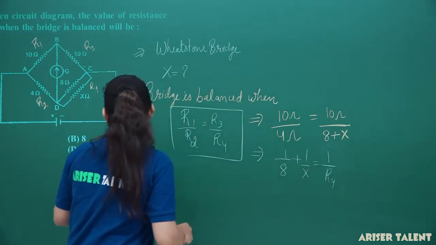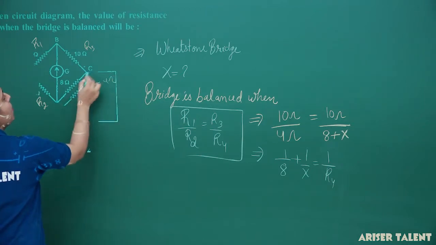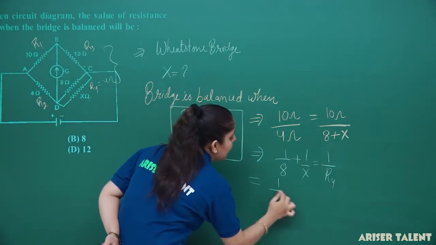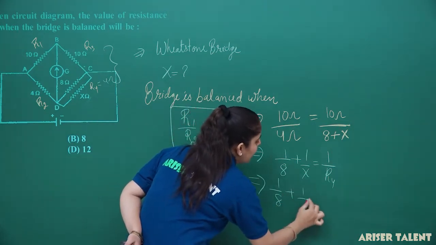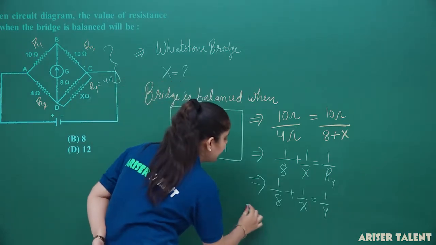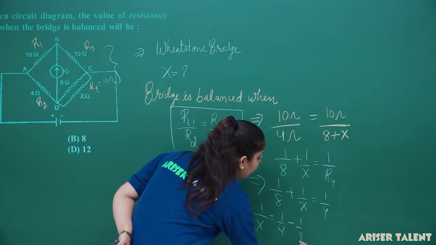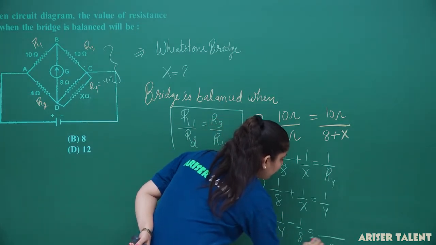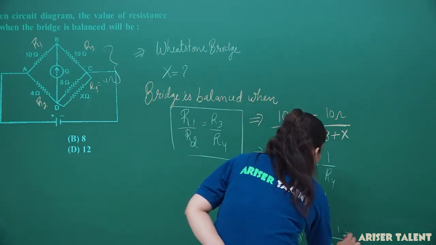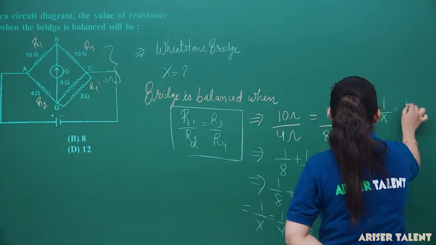You have to take R4 equal to 4 ohm because only then is the bridge balanced. So 1 upon 8 plus 1 upon X is equal to 1 upon 4. This is the equation I am getting here. 1 upon X is equal to 1 upon 4 minus 1 upon 8, which is 2 minus 1 over 8, so 1 upon X equals 1 upon 8.